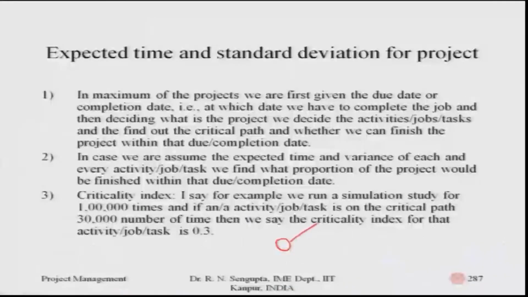It may happen, so I will just spend 1 or 2 minutes. Say, for example, the critical index of this path, this path, this path and this path, and I consider the top 5 coming into the picture.